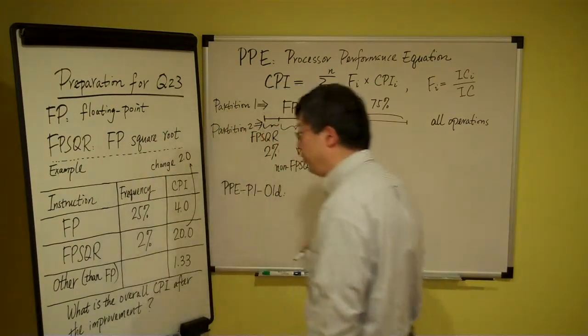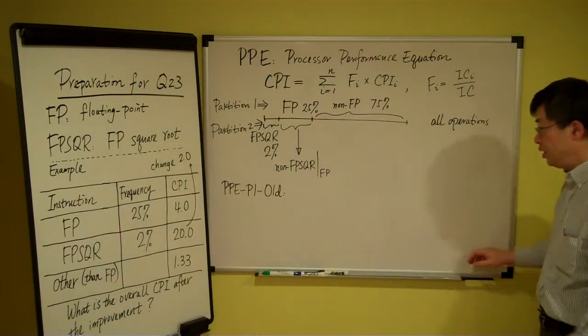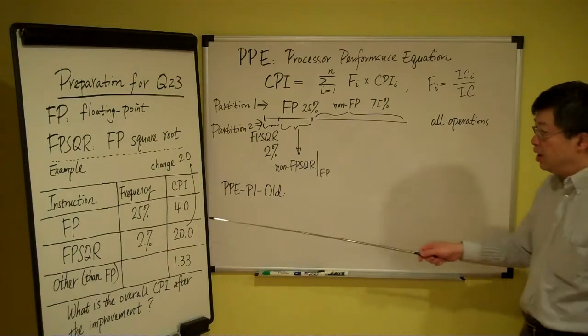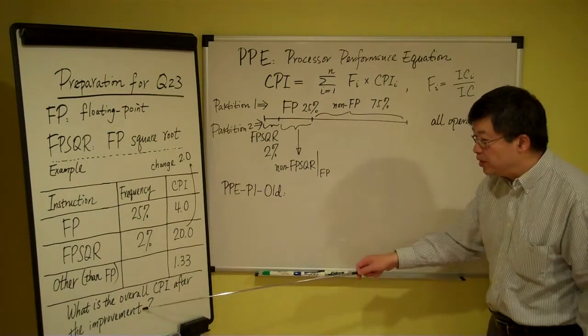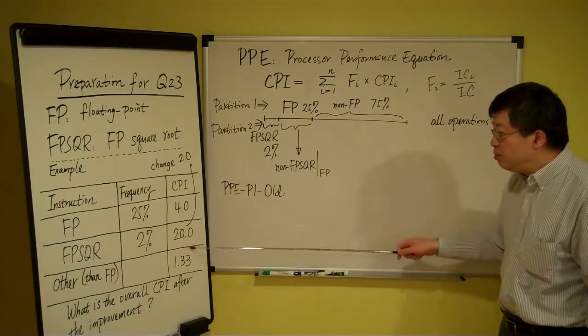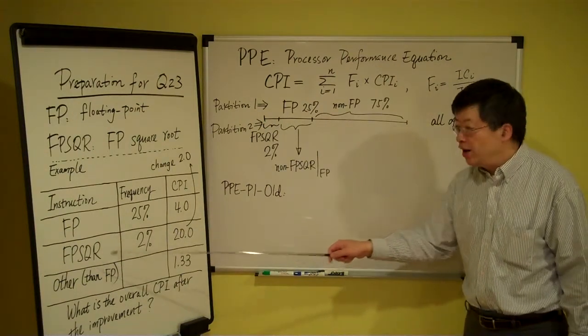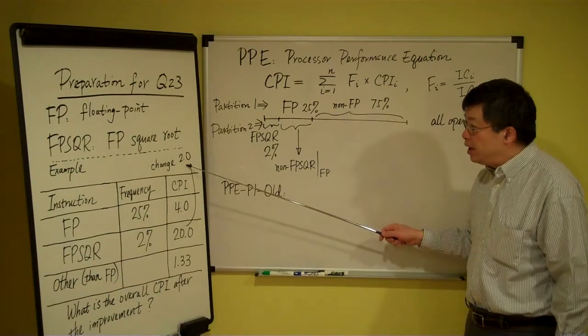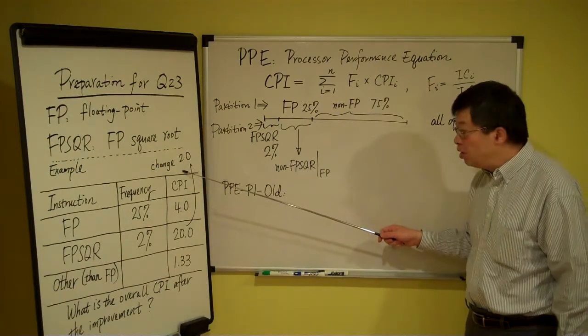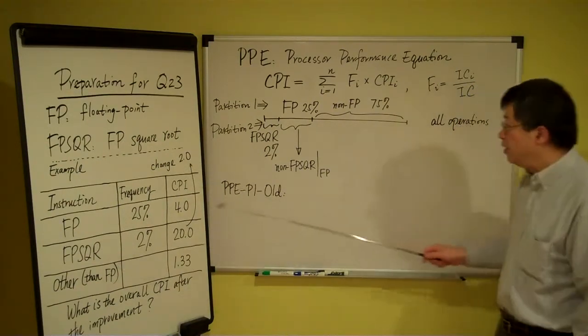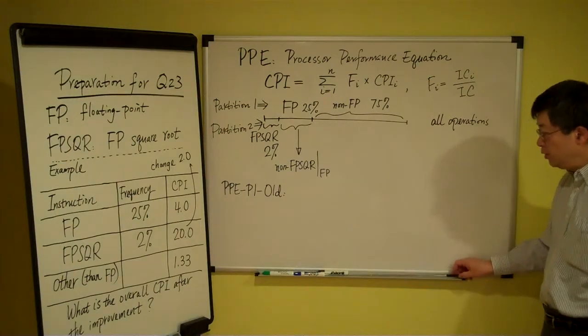So I write it this way. For the old case, what's the old case? Old case means before improvement. We use this big CPI number for FPSQR. New case, we use that improved, much smaller number for FPSQR. So we have two cases, old and new.